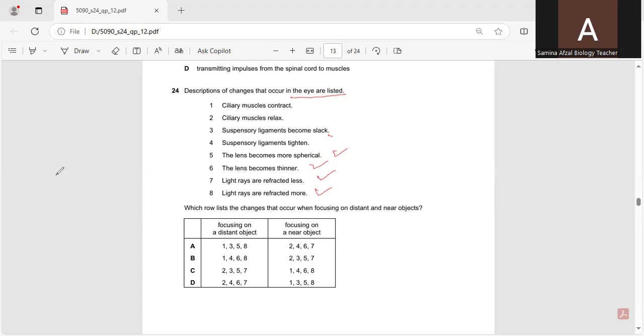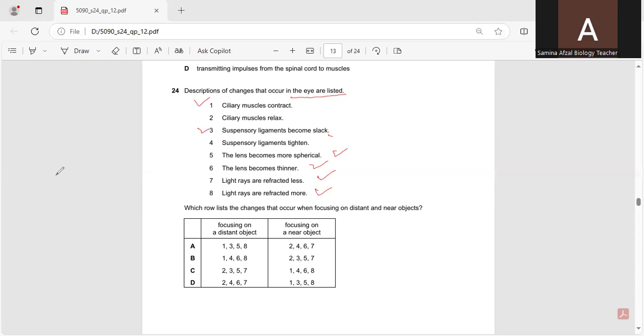So in this case, first of all, the ciliary muscles contract. They will contract when focusing on a near object. So number one, and then suspensory ligaments become slack. When there is a distant object, suspensory ligaments tighten. So this is when there is the focus on a near object, and then the lens will become more spherical.